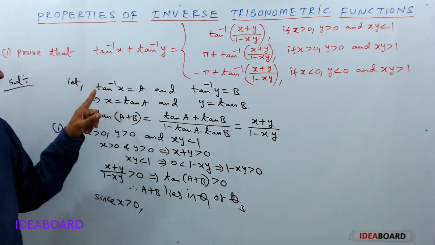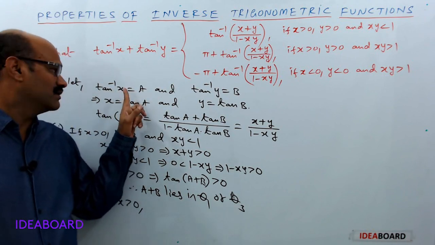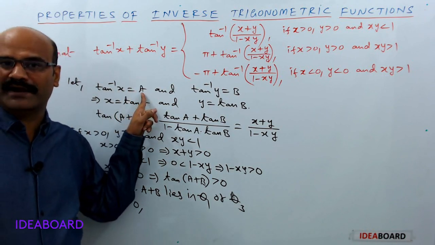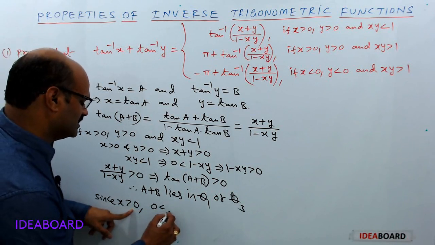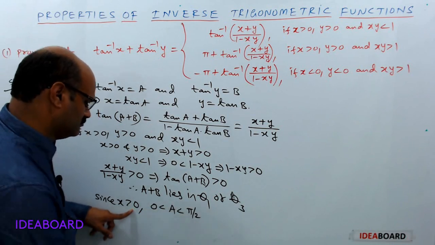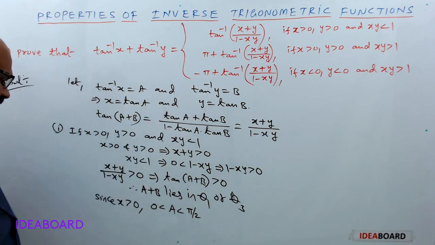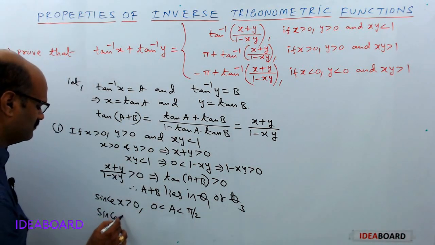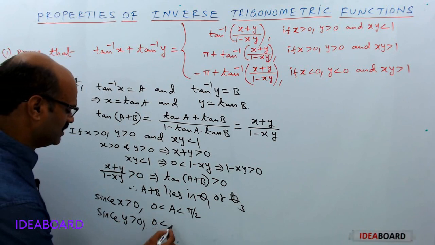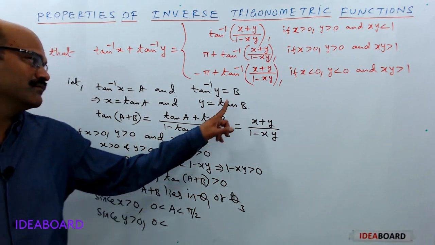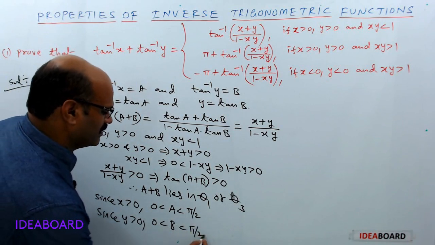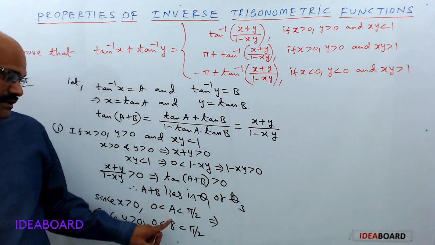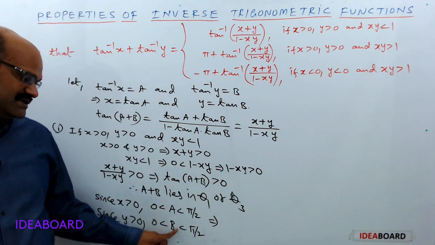Since x greater than 0, 0 less than a less than pi by 2. Since y greater than 0, 0 less than b less than pi by 2. It implies 0 less than a plus b less than pi.